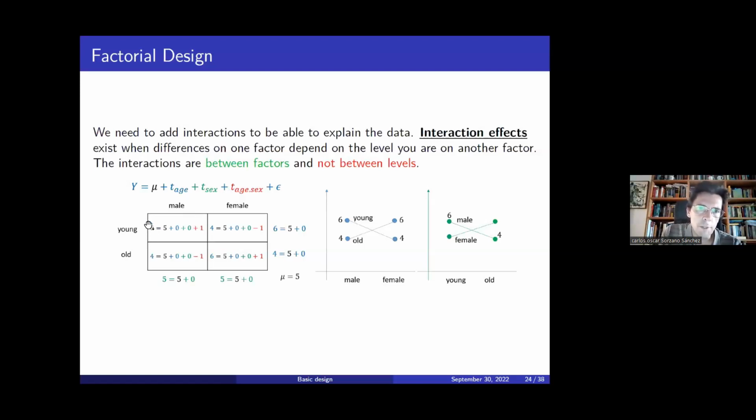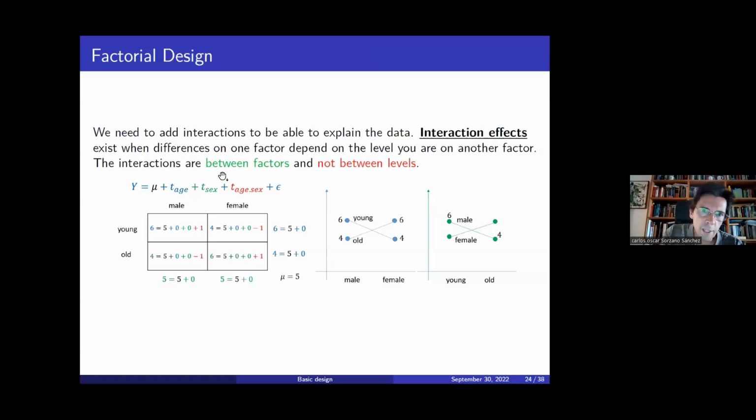I was observing 6, 4, 4, 6, and this 6 is explained as 5 because it is the overall mean, plus 0 because age alone is not making a difference, sex alone is not making a difference either. But now the interaction of age and sex is making a difference. So young males behave differently and have a positive impact, while young females have a negative, and old males negative and old females positive.